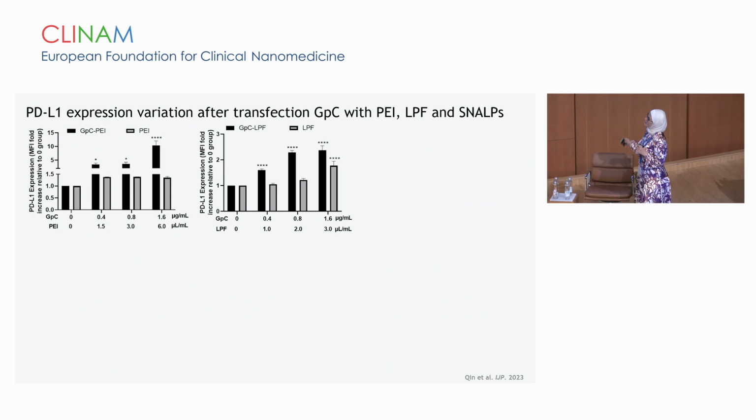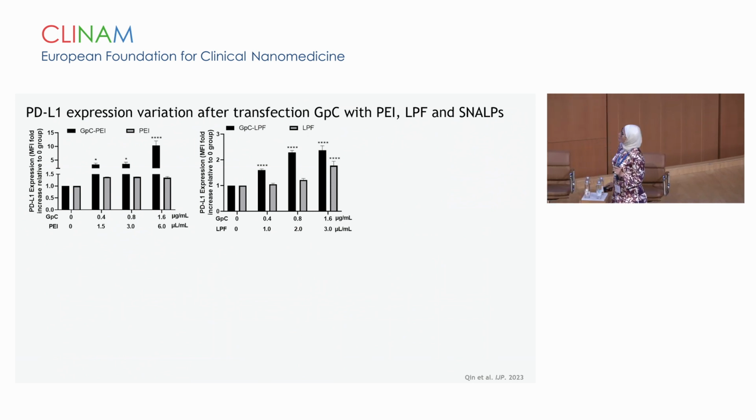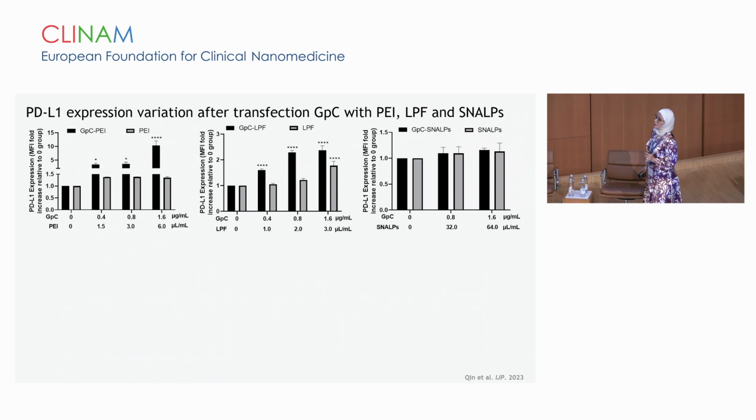You can see there's high PD-L1 expression, and this is purely non-coding plasmid. But there is higher expression when you have the complex, which does not exist when you have the transfection reagent alone. The lipid nanoparticles on the other side did not show this phenomenon.